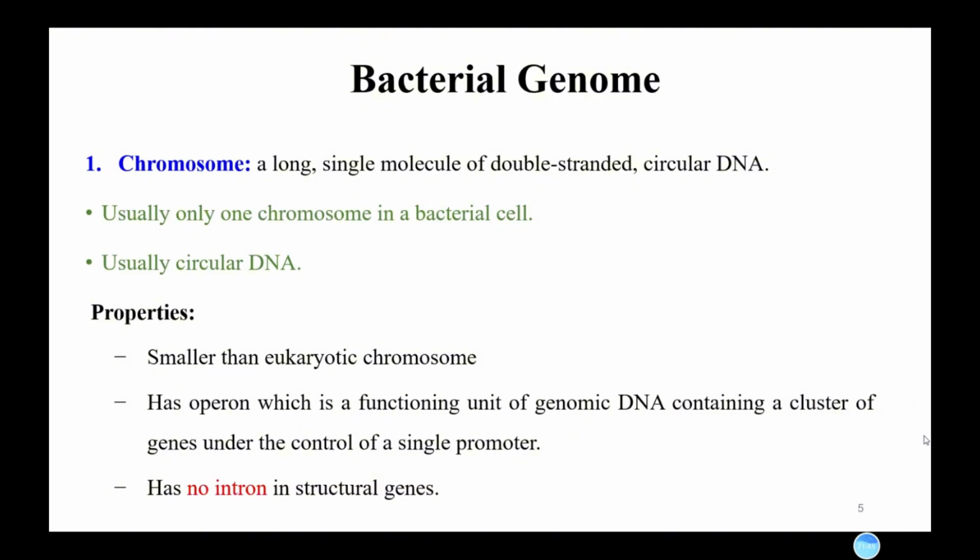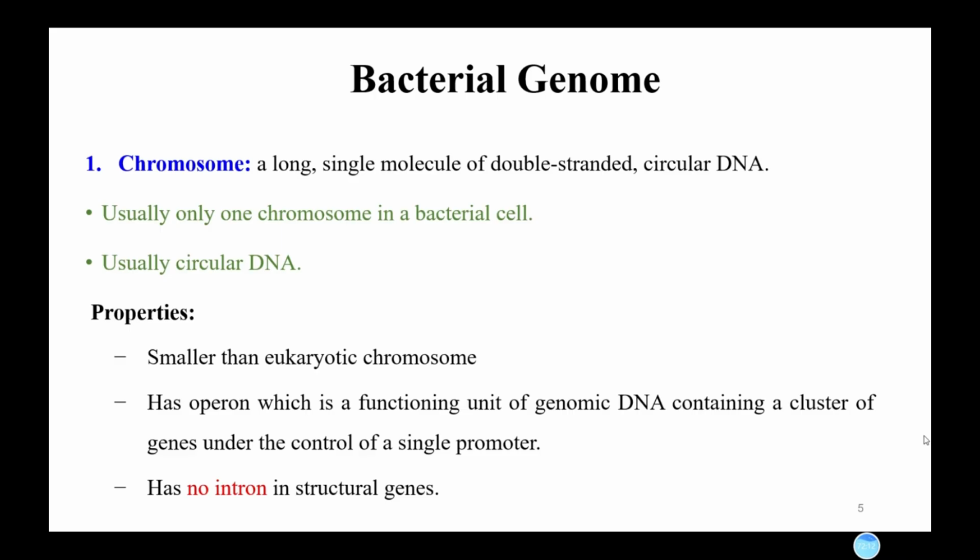When it's transcribed, there is RNA splicing to mature the messenger RNA, to cut the introns out. But for bacteria, there is no intron. All the genes are continuous. After transcription, it can be translated into protein without RNA splicing. So this is a bacterial chromosome.